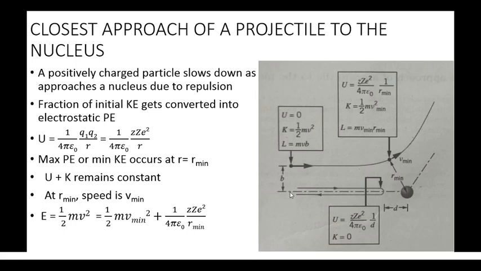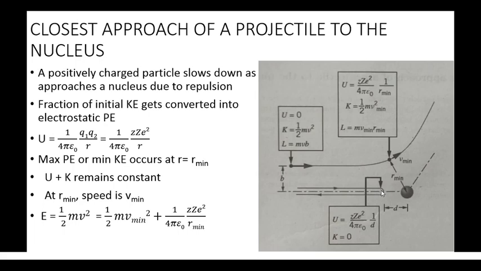Now what happens if the particle makes a head-on collision? Head-on collision means b is equal to 0, isn't it? Whenever this positively charged alpha particle comes near the positively charged nucleus, the force of repulsion will act and the alpha particle will slow down and reach a point where it rests for a second.